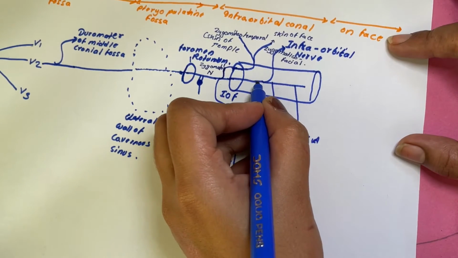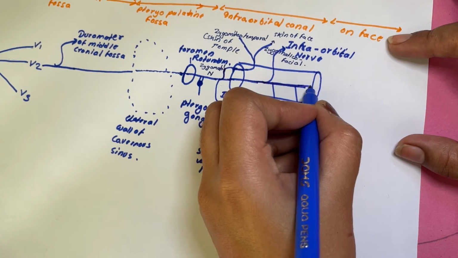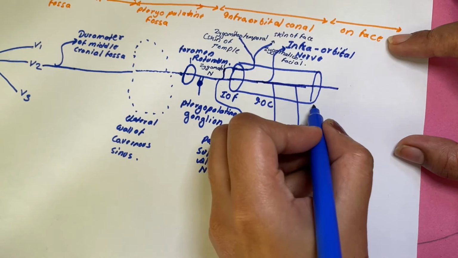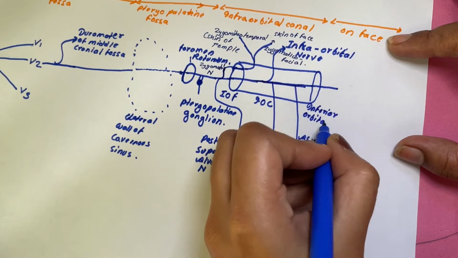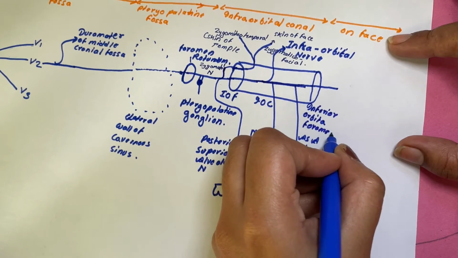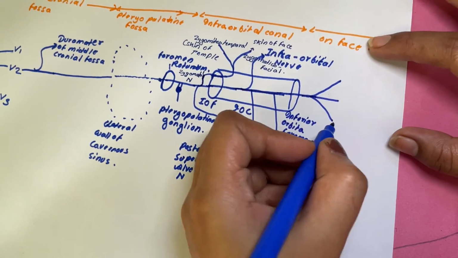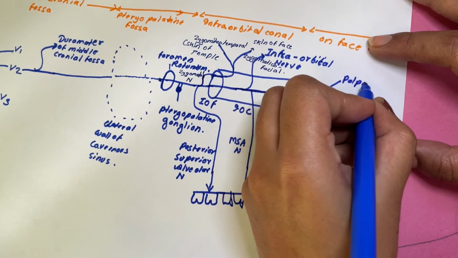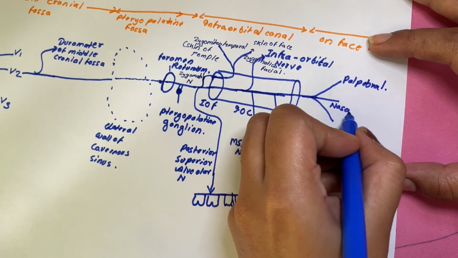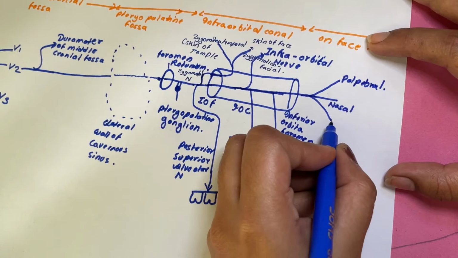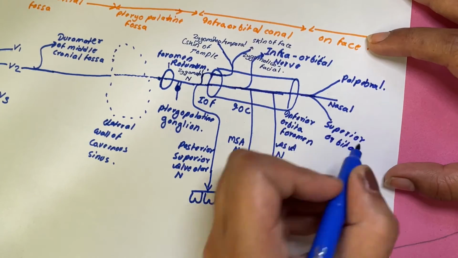Now, after passing through this canal, the infraorbital nerve exits from a foramen called the infraorbital foramen and gives three branches, which are palpebral, nasal, and superior labial.